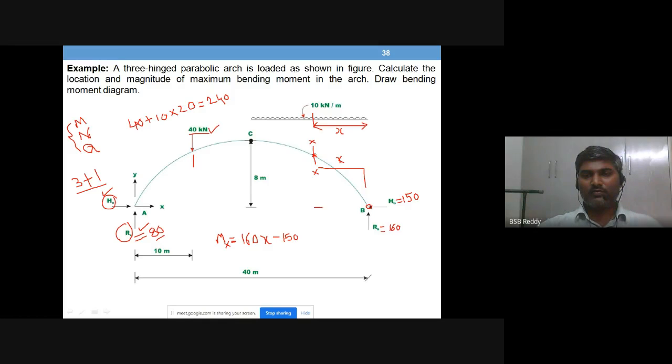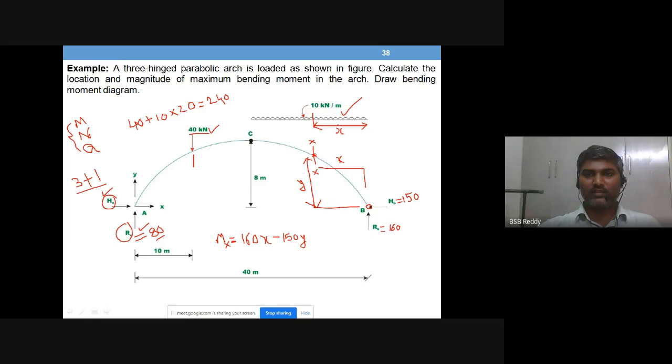So this is the force acting, and this is the distance, so we will write it as y. So 150 into y. Force is horizontal, so what we want is vertical distance y. Right, what next you have? UDL.